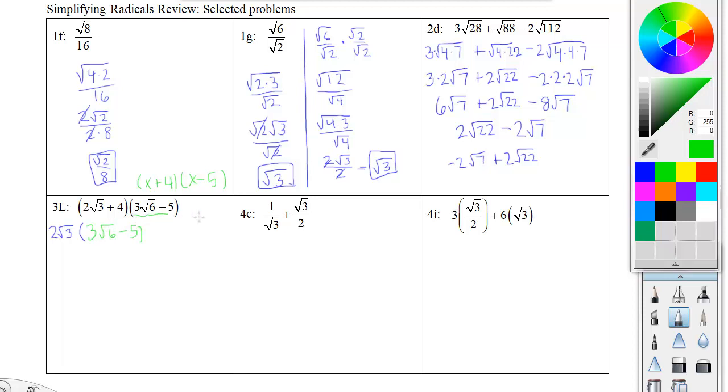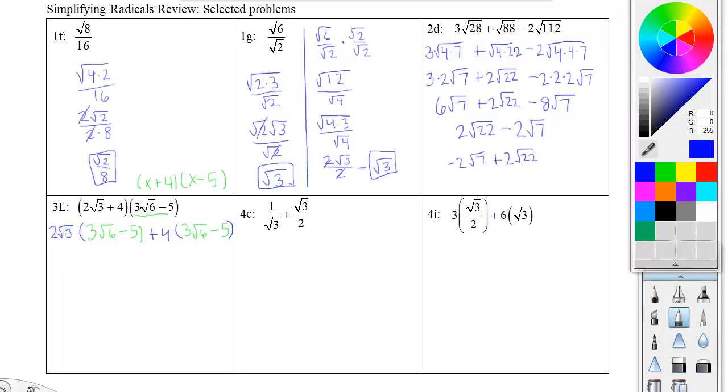That's this part. And then we're going to take the plus 4 here, and multiply that by the 3 root 6 minus 5.